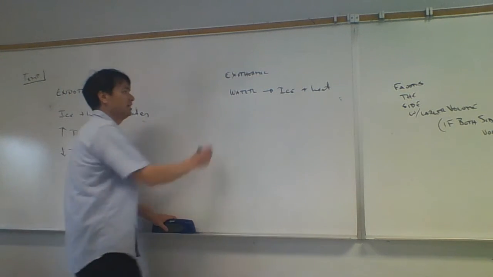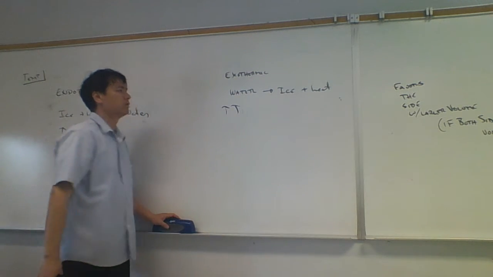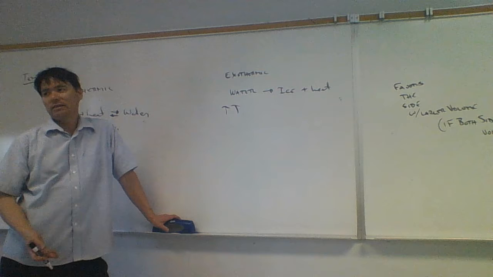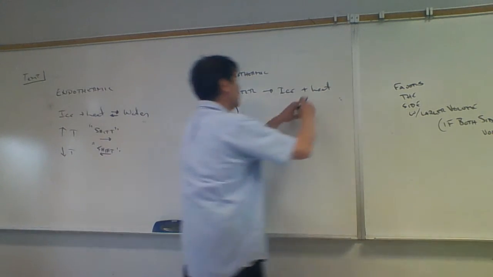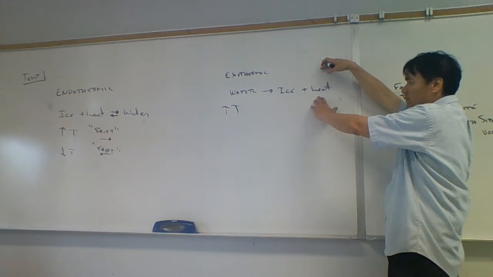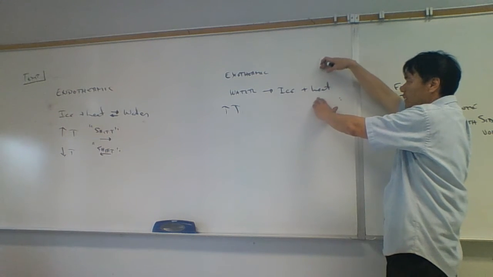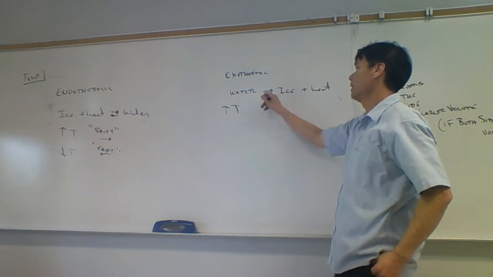And so if I increase the temperature, which way will it shift? If I increase the temperature, I'm adding heat. If I add heat, I'm adding product. So as I add more heat, it's going to shift left.